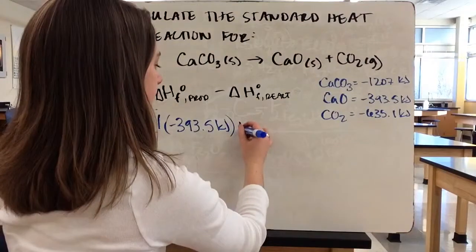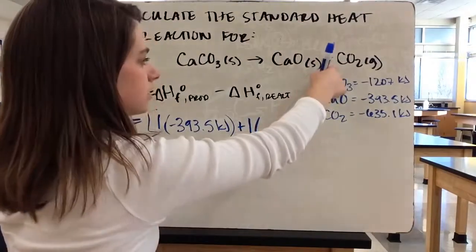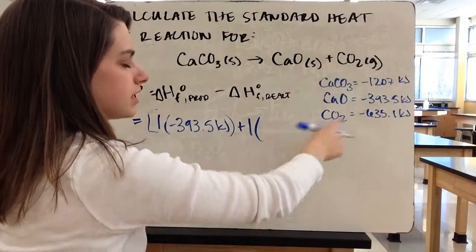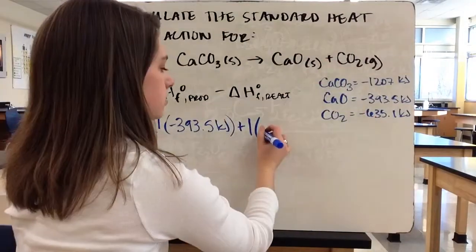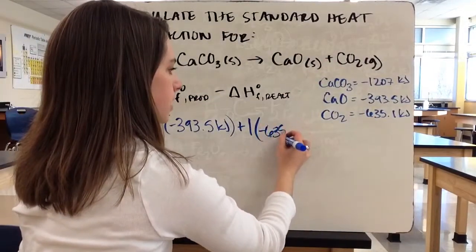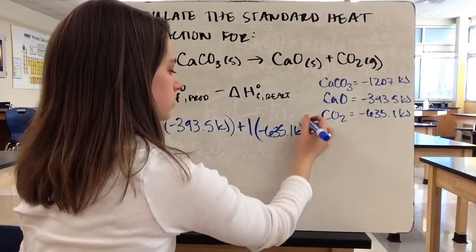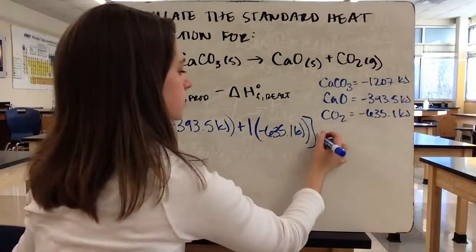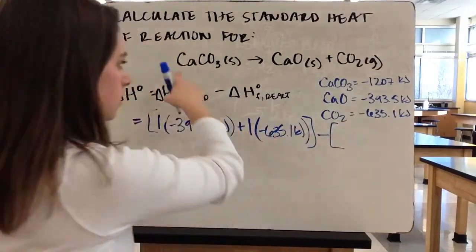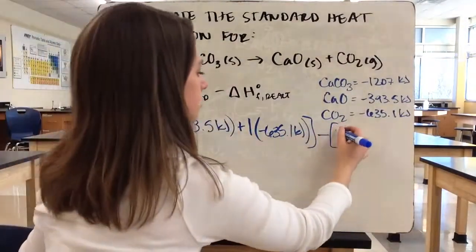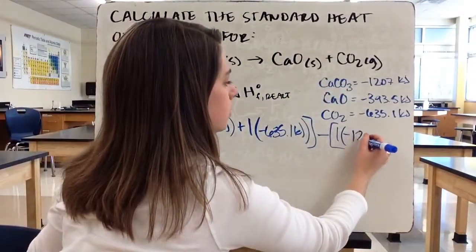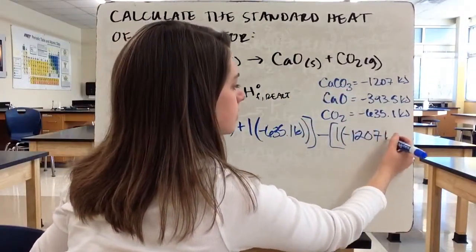And then I'm going to add to that 1, because there's an imaginary 1 there, times the heat of formation for my carbon dioxide, so negative 635.1 kilojoules. And then from that total, I'm going to subtract 1, and then my calcium carbonate, so negative 1,207 kilojoules.